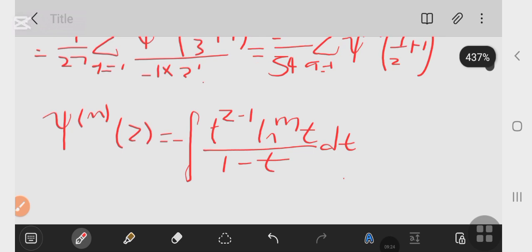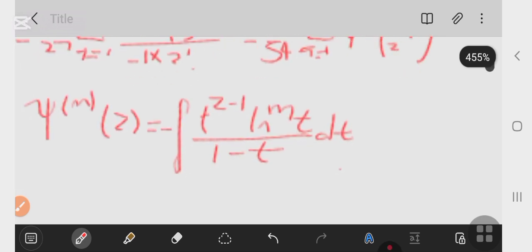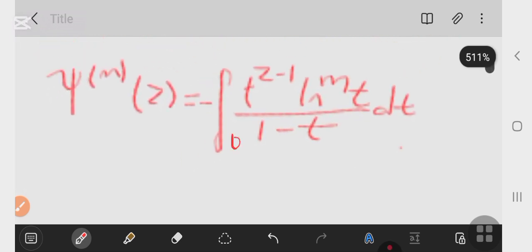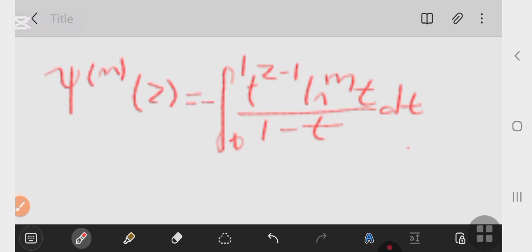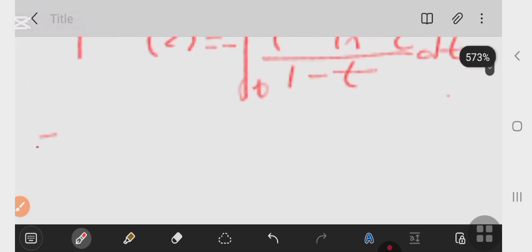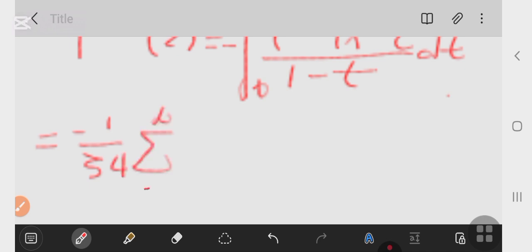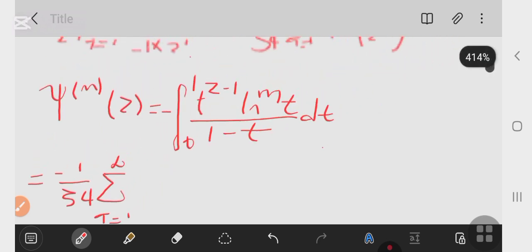Okay, back to my sum. This is from 0 to 1. This sum will now be transformed into minus 1 over 54 all into the sum to infinity of a starting from 1 of, what else do I have?